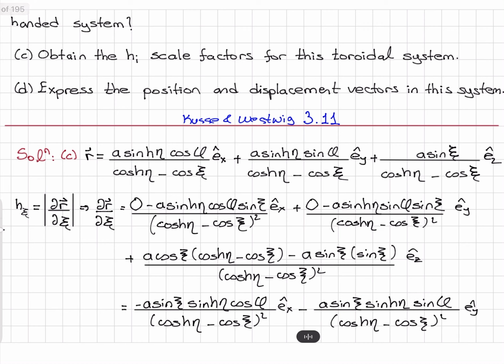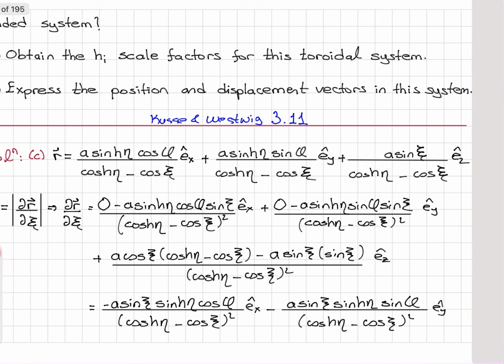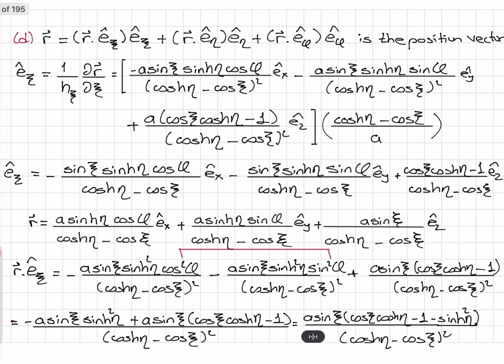Looking at our r vector here, this is actually particularly simple. You will get a minus sine phi, a cosine phi here, and no contribution from this side. So I can just rewrite this.